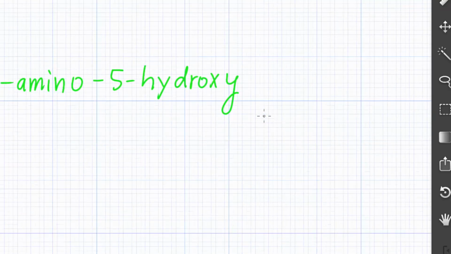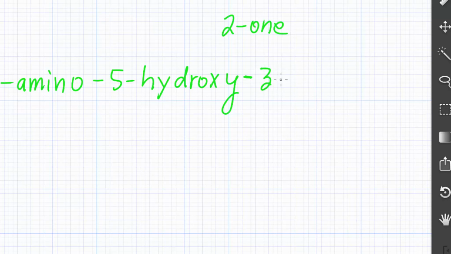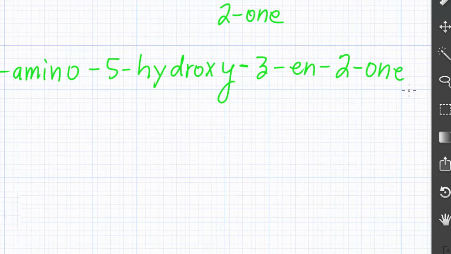A 5 carbon chain, that's going to be pent. That would be a 2-one. Then I would have a 3-en. Okay.